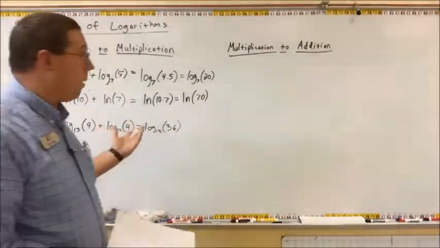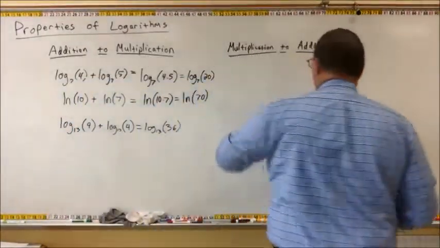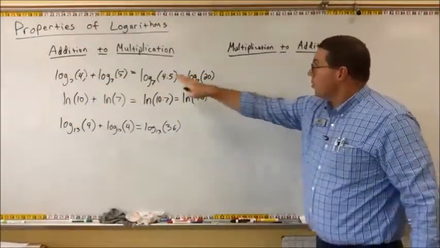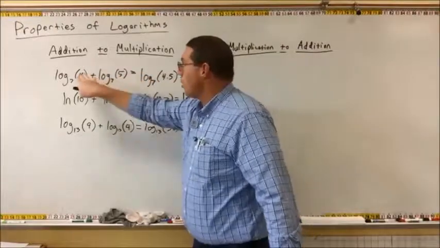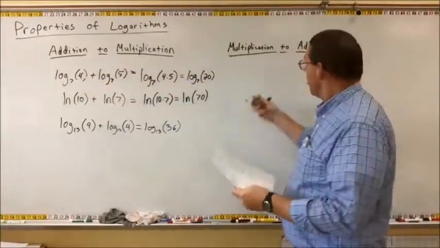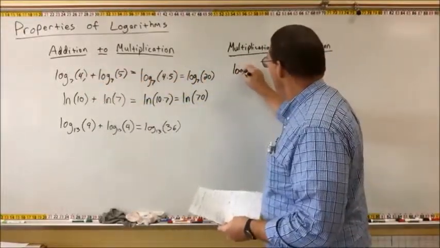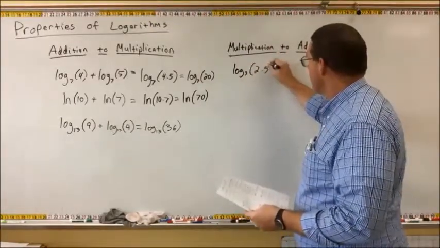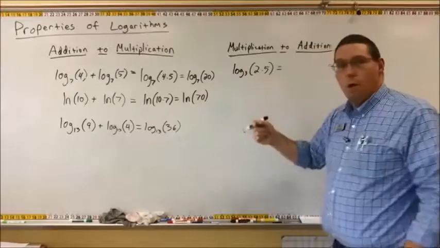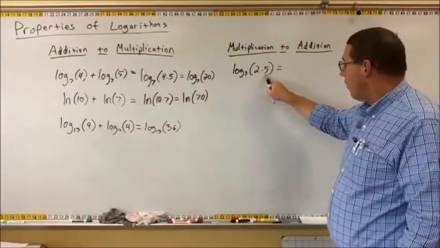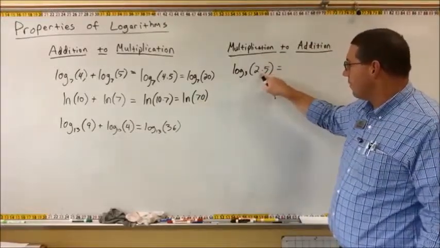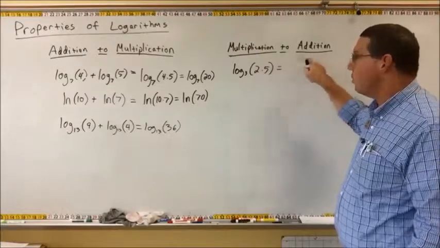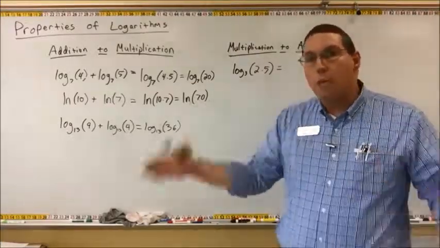Now that we know this property, we can also reverse it. We can start with the multiplication and go backwards into addition. So let's say that we had log base 3 of 2 times 5. Well, 2 times 5, that's multiplication inside of the logarithm, so that's going to turn into addition between the logarithms.